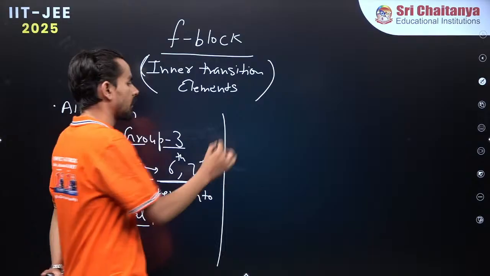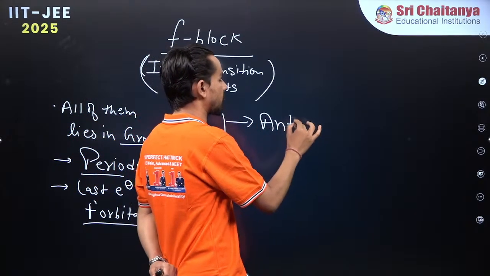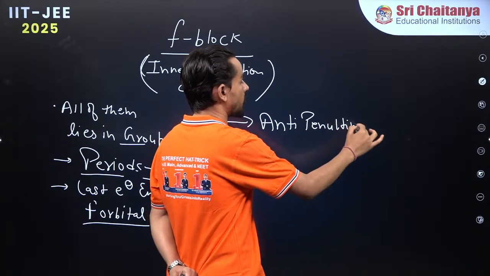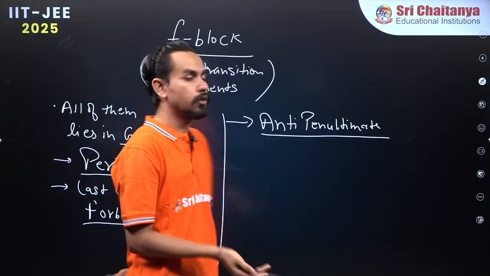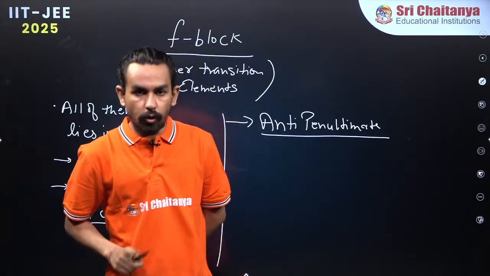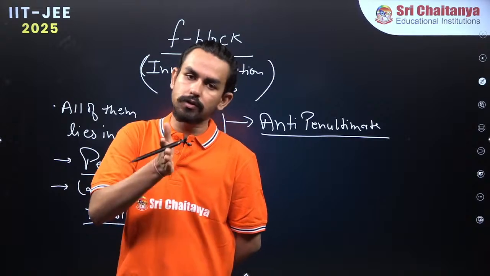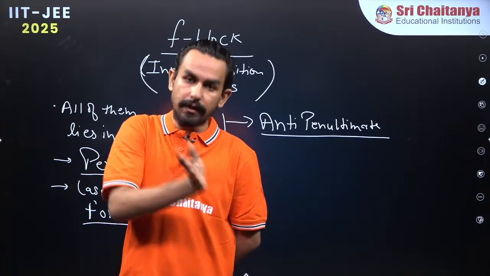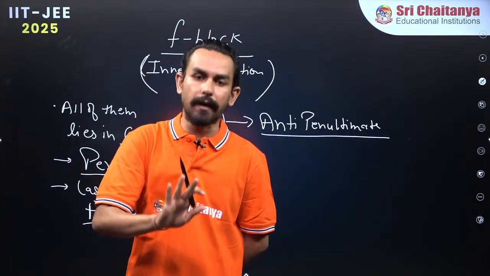This f orbital is known as anti-penultimate. As I told you, we can say that the last electron enters into the anti-penultimate shell. Ultimate means outermost, then the one inside it is known as penultimate. After that, the one inside the inside one, that means second from outside, is known as anti-penultimate.